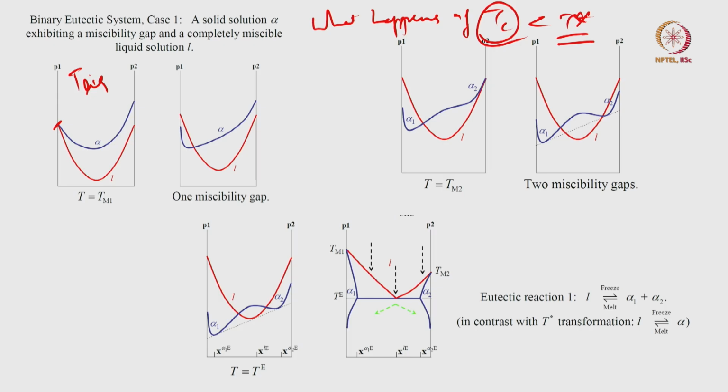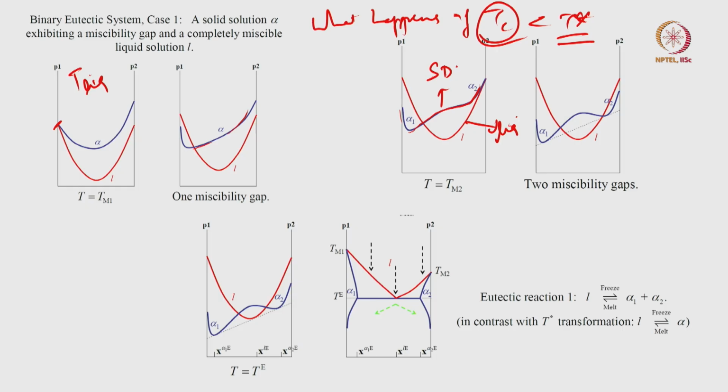But alpha also gets more and more flattened out because the entropic term is reducing, so the enthalpic term starts to dominate, and at some point the alpha splits up into alpha 1 plus alpha 2. So this is the point where spinodal decomposition has already happened, but the liquid phase is still intact.